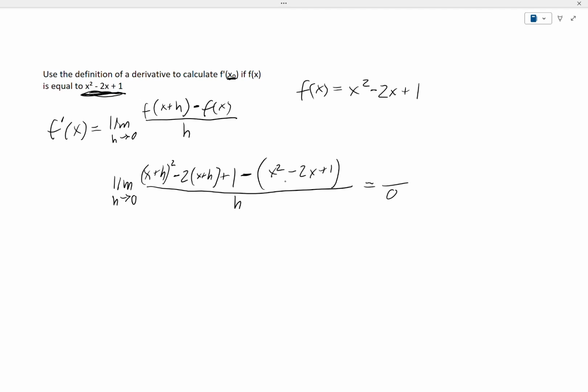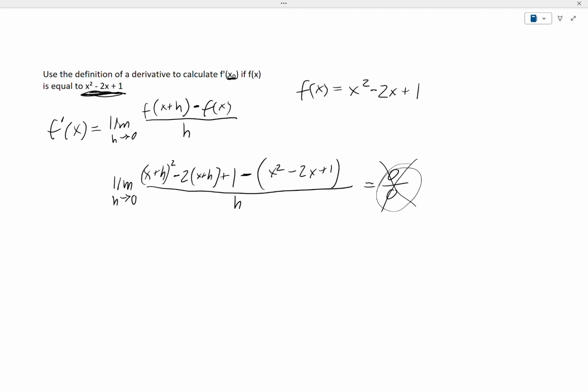And f of x minus f of x is 0. So this gives me 0 over 0, which is an indeterminate form. So you can't evaluate this with direct substitution. I need to manipulate it somehow using algebra or something else, so that I don't get 0 over 0, because that's an indeterminate form.